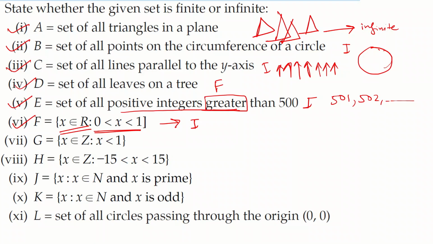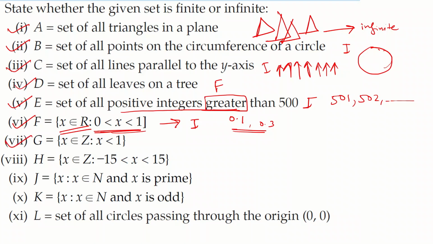Say for example, if I give you 0.1 and 0.3, I can give you zillions of numbers between these two: 0.15, 0.19, 0.2395, 0.1589, 0.1234, or anything. There are infinitely many numbers between 0 and 1, and they are also uncountable. There is no pattern in which you can count them. So they are uncountably infinite.